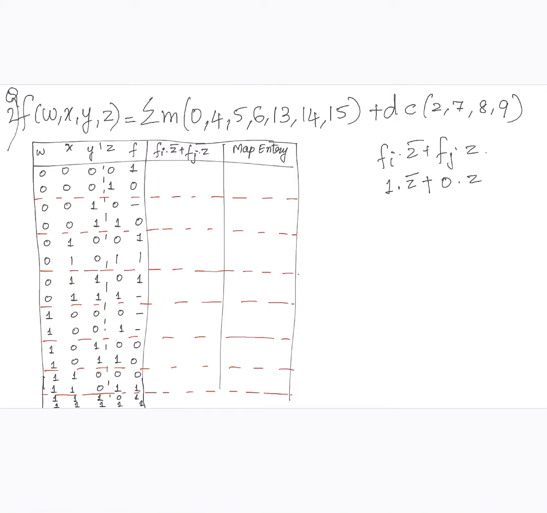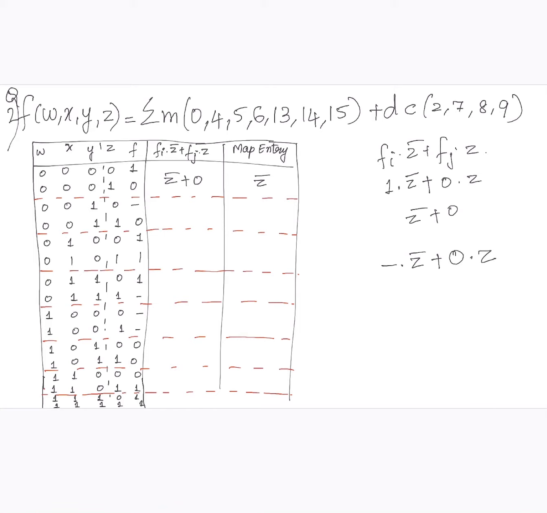So we will get z bar plus 0, which corresponds to z bar. Now the next fi value is dash, so we write dash into z bar plus fj value is 0, so 0 into z.